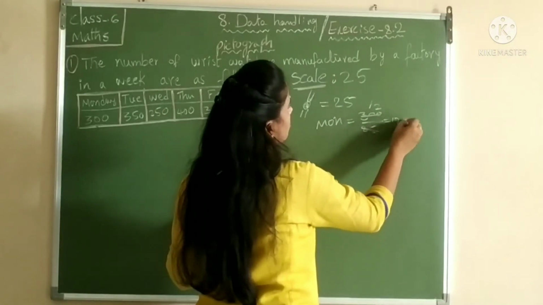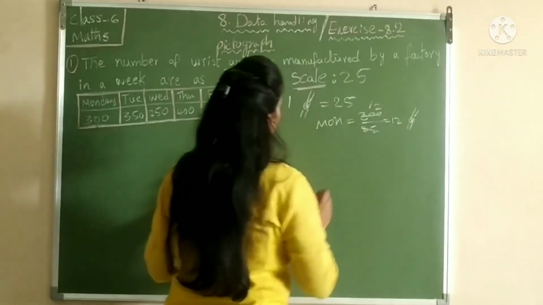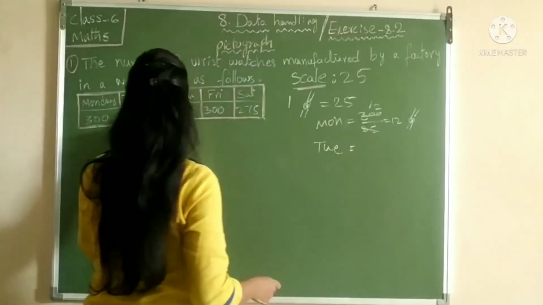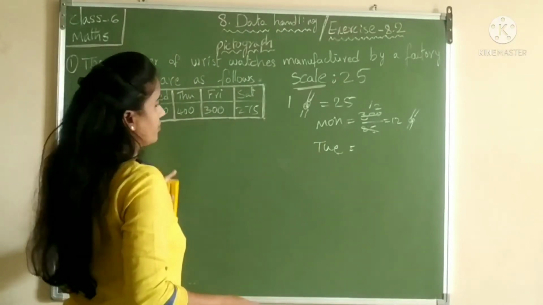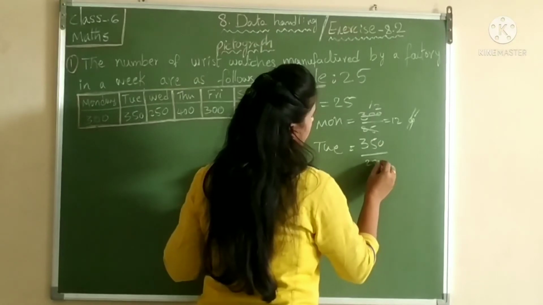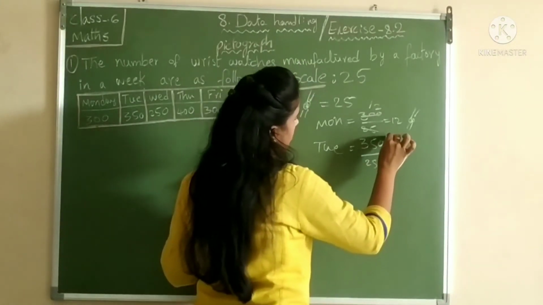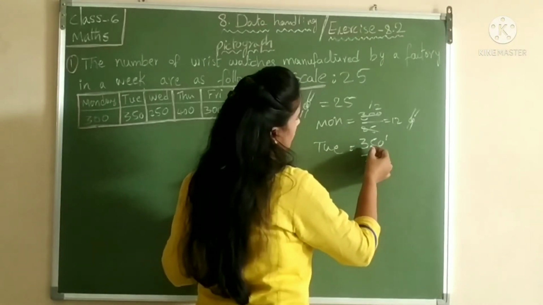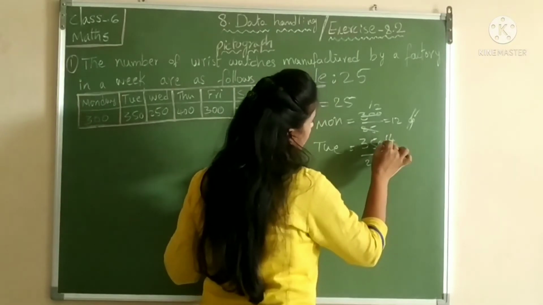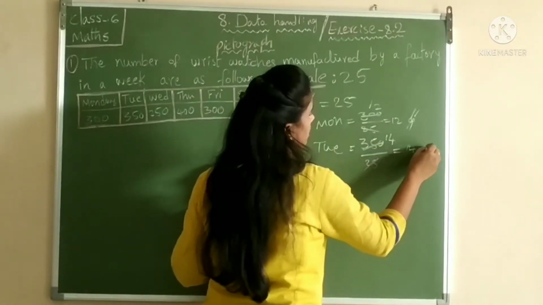So 12 watches. And again Tuesday, 350. 350 by 25. 25 ones are 25. 25 fours are 100. 25 fourteens are 350. 14 watches.